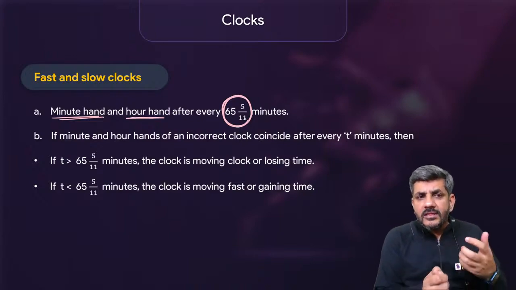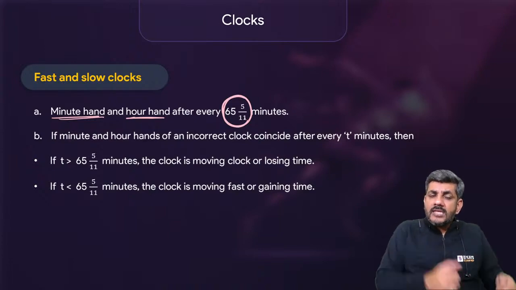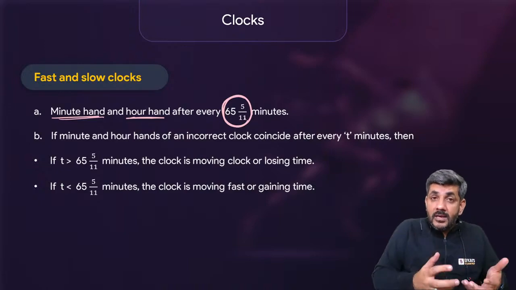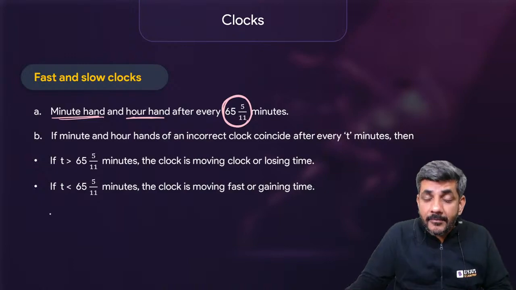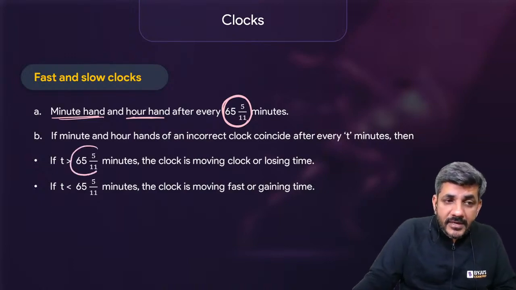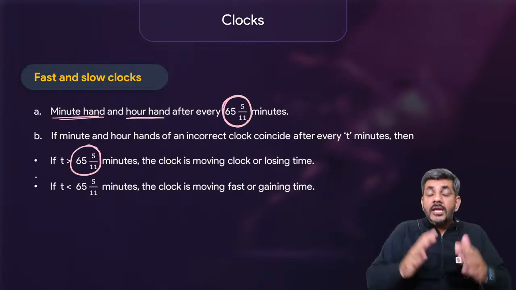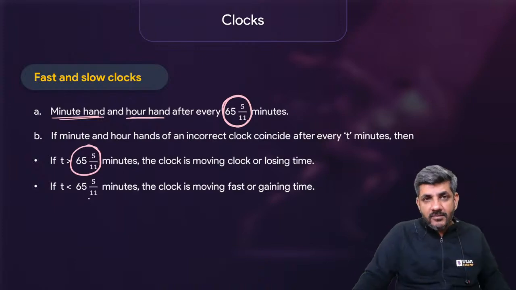People feel that if a clock is losing time, they should be meeting in less than 65 and 5 by 11 minutes, because losing means less, whereas it is exactly the opposite. If a clock is losing time, the time in which they would meet is more than this, because losing time means it is moving slow. And if it is moving slow, it will meet in more than 65 and 5 by 11 minutes.